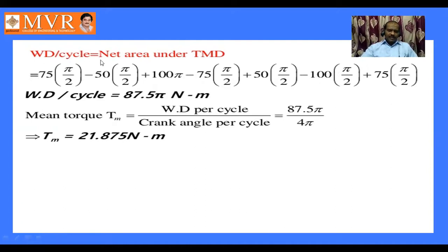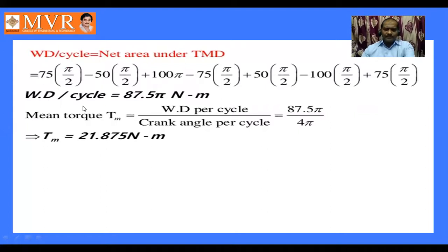Work done per cycle is equal to net area under TMD. TMD means turning moment diagram. Work done per cycle is equal to net area under TMD, that is turning moment diagram. So what is that one?